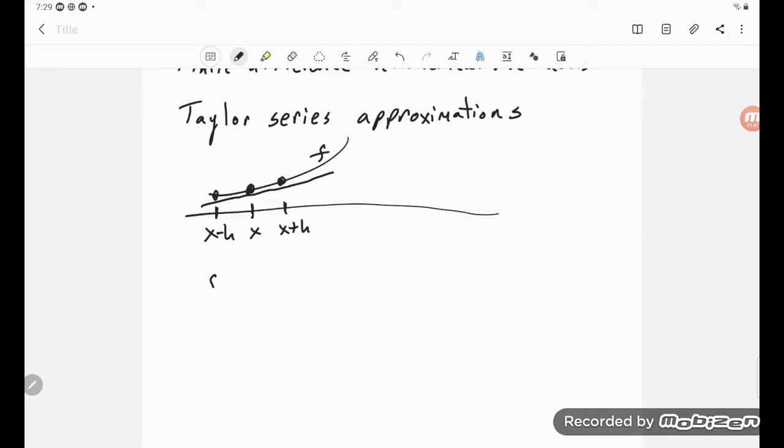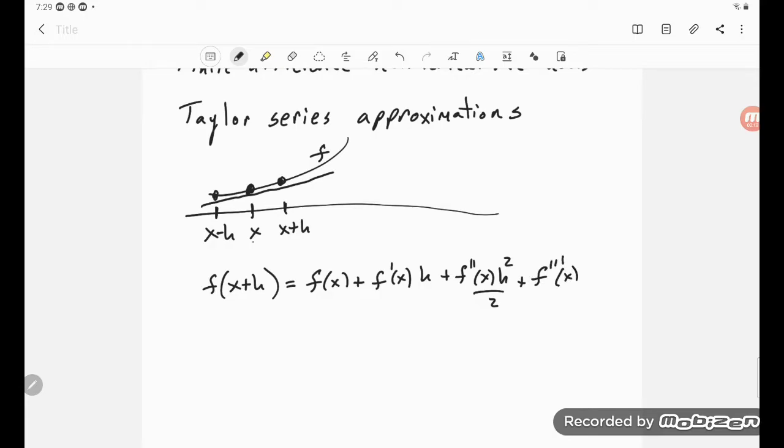So if I want to, say, approximate f of x plus h using a Taylor series, then that Taylor series, expanded at x, would be f of x plus f prime of x times h, or delta x, plus f double prime of x, h squared over 2, plus f triple prime of x, h cubed over 3 factorial, and it would just keep going like that.